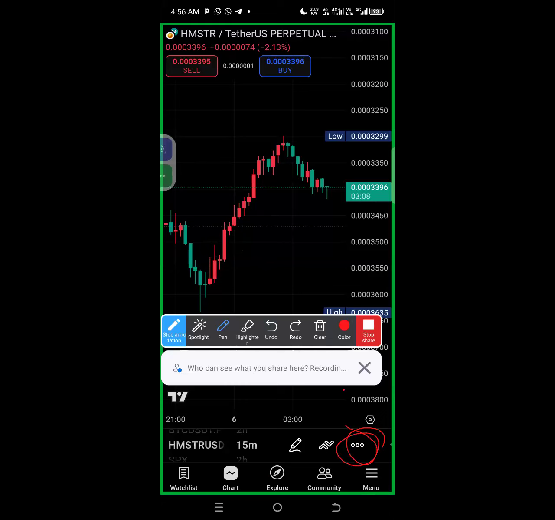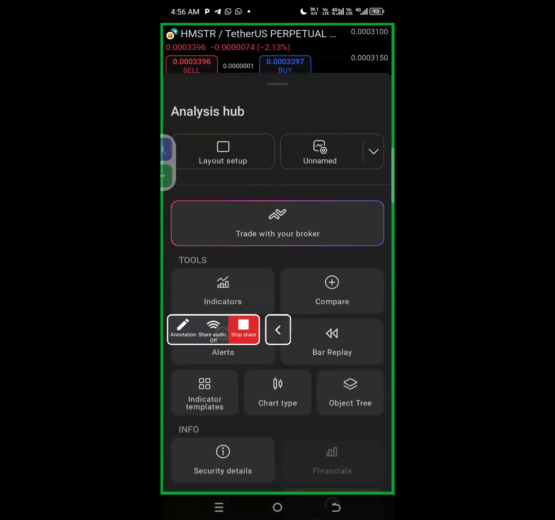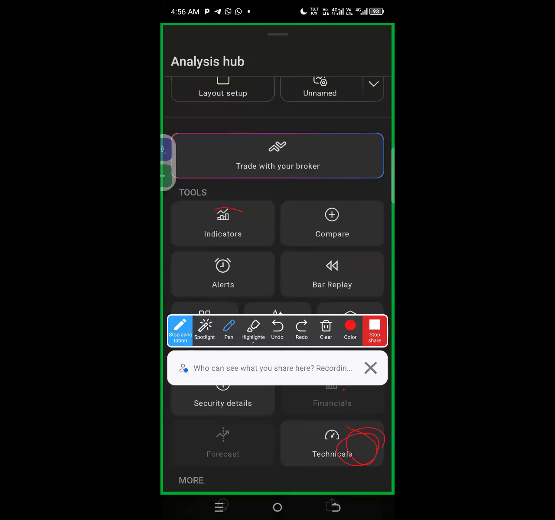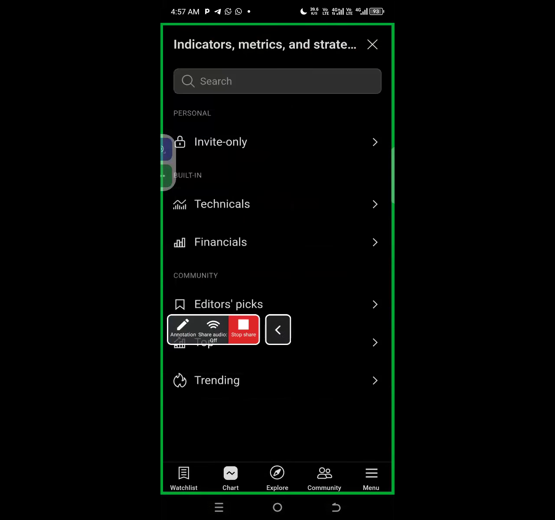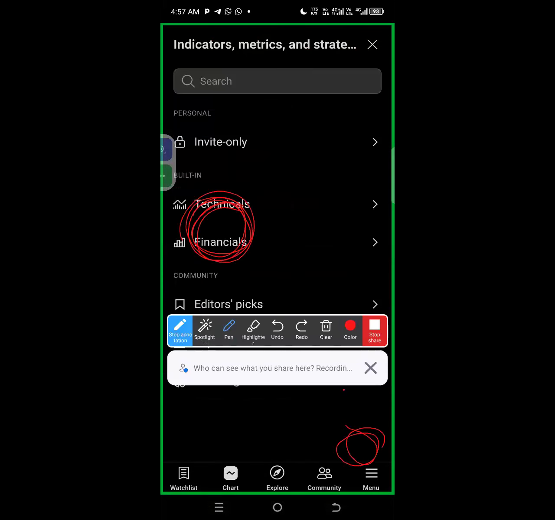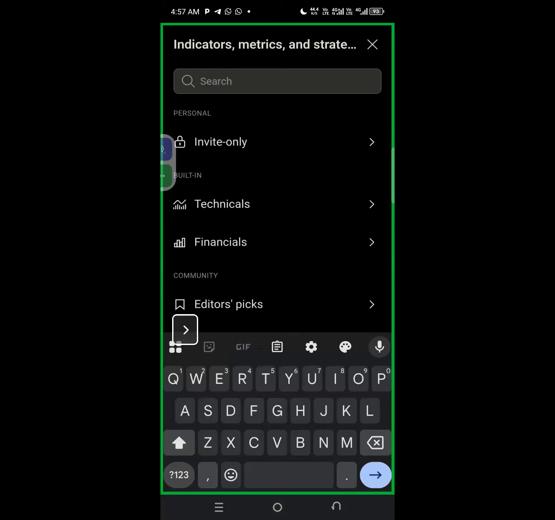After clicking on it, we have what we call indicators. You tap on the indicators, then you use the search bar. If you already have your favorite, that is fine. If not, click on the search bar to search for it.